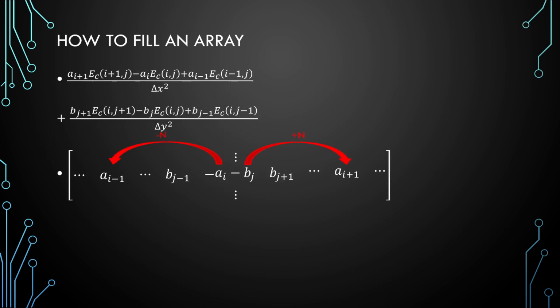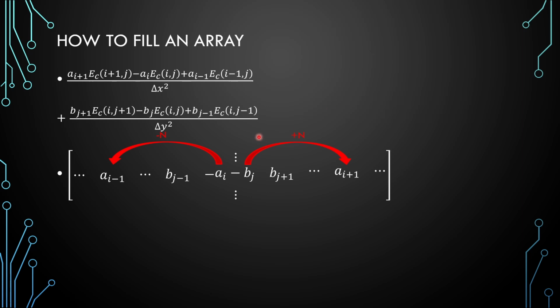Now we need to find some way for us to fill out our 2D finite difference matrix. So let's take EC at position i and j. For the diagonal term, it corresponds to EC at i,j.